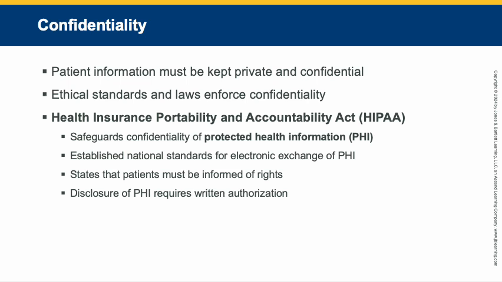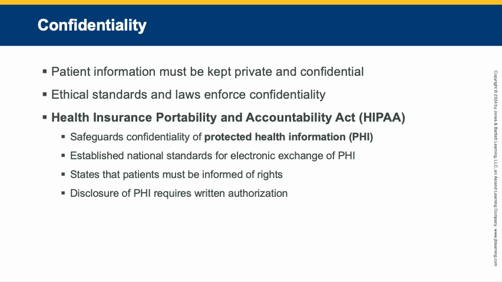Safeguarding the confidentiality of PHI. You need to know what PHI stands for. That's Protected Health Information. This is one of the primary aims of the HIPAA privacy rule. The law defines PHI as individually identifiable health information that is transmitted by electronic media, maintained in electronic media, or transmitted or maintained in any other form or medium.